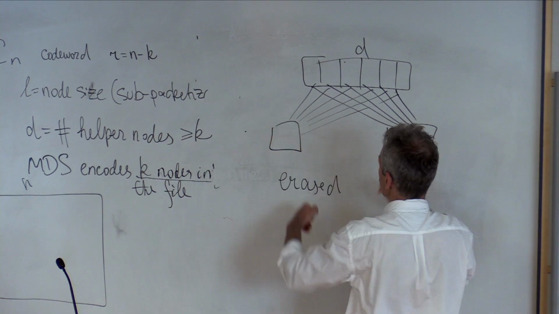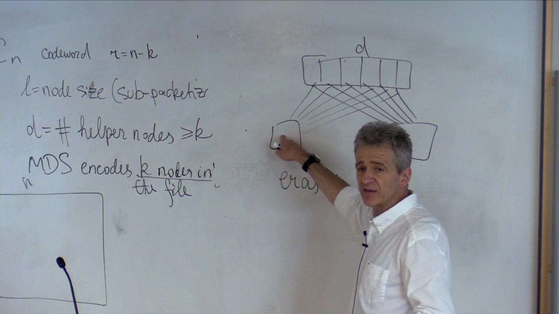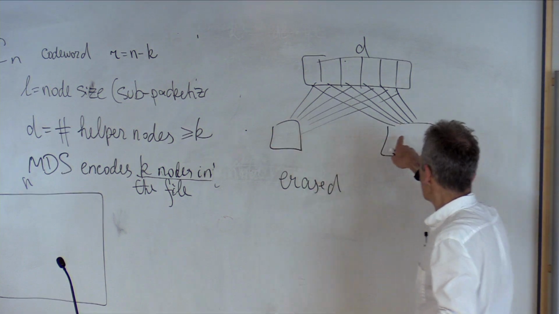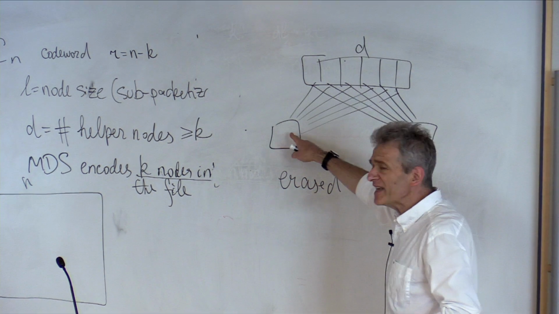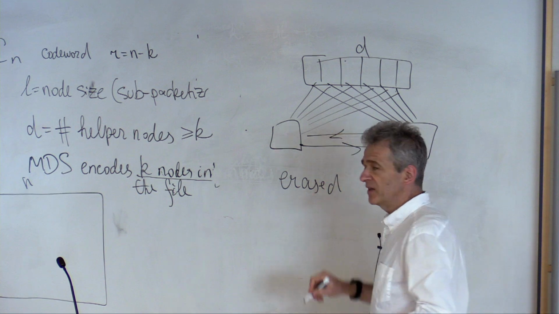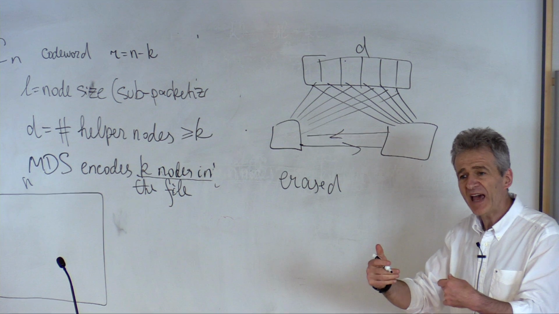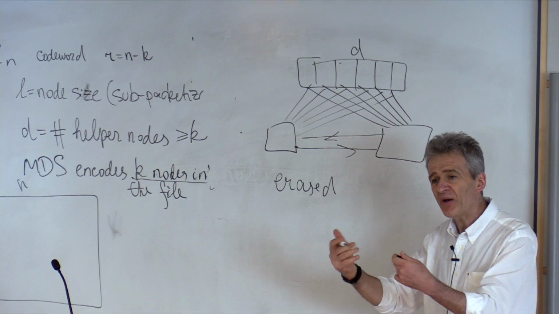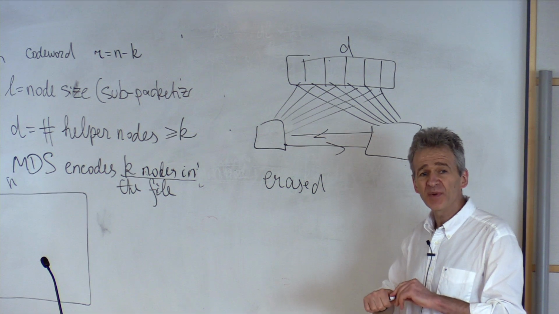So they do some computations. Maybe the information provided in the first round is not enough to repair this node. But once they have computed something, they shuffle this information back and forth in the second round. And maybe with what they have received and what they had computed in the first round, they now can figure out their values. So that's the idea of cooperative repair.